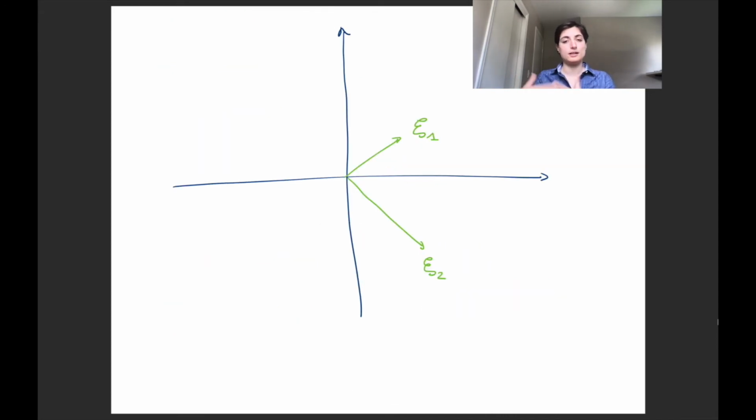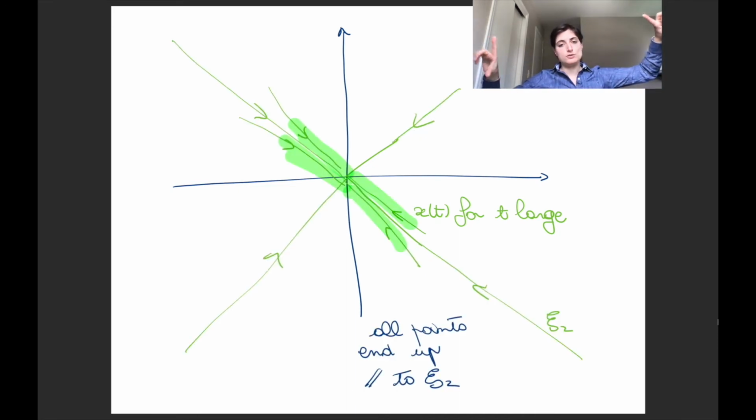So we have xi1 and xi2, and for t tending to infinity, so for t very large, x(t) is parallel to xi2. So it's squished in that direction. All points start wherever, but at the end of time, they're parallel to xi2.